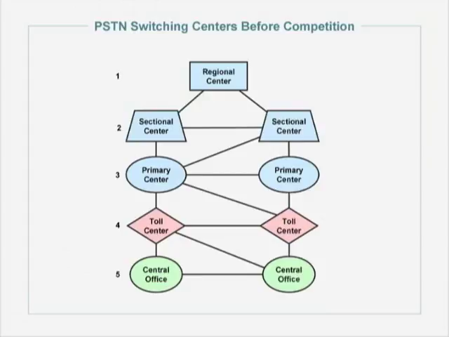Since this is a 5-level hierarchy and we started numbering at the top, the bottom level, which is the central office, is called a Class 5 switching office. And so a switch that lives inside a central office is called a Class 5 switch. A toll center is a Class 4 switching office. So toll switches were sometimes called Class 4 switches, and are also called tandem switches.